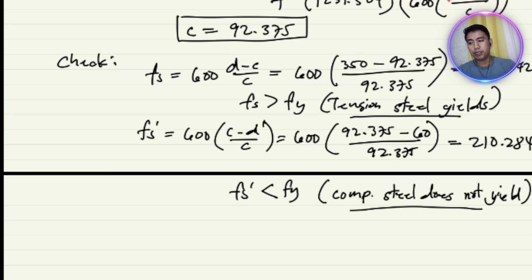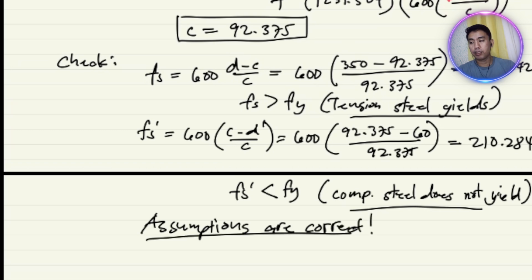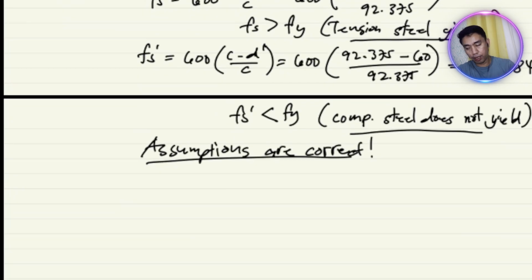So that means assumptions are correct. Okay? So if the assumption is correct, then we can proceed to the calculation of phi mn.